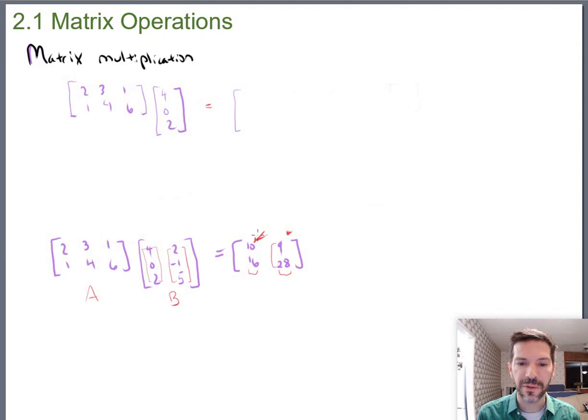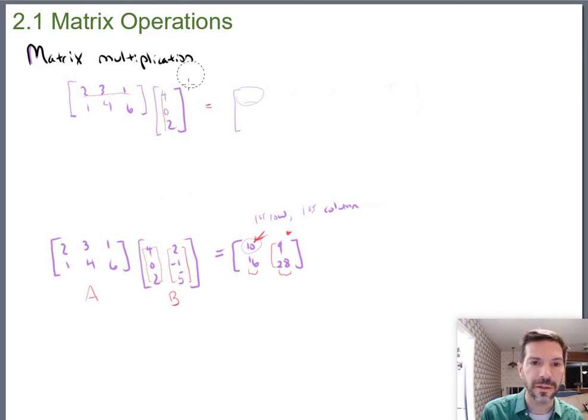But you can compute, like say, let's just figure out the 10 first. Let's just figure out the top left entry. So this entry, this 10, where is it in the answer matrix? What we're trying to figure out is the first row, first column spot. And that means you should take the first row and match it with the first column.